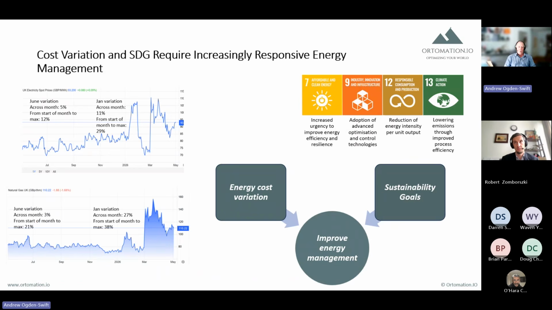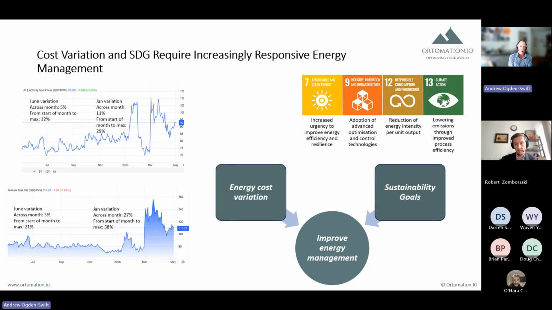So there are two main drivers we're going to talk about. Clearly, there are others that are impacting process manufacturing, but I'm going to talk about power and energy cost variation and sustainable development goals. On the left-hand side, you'll see some trends of UK electricity spot prices. What you can see is both very large long-term variation, and some of these we'll all know are driven by conflicts between Russia and Ukraine, and also between Iran and the US.